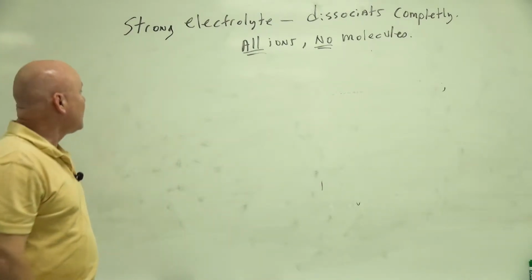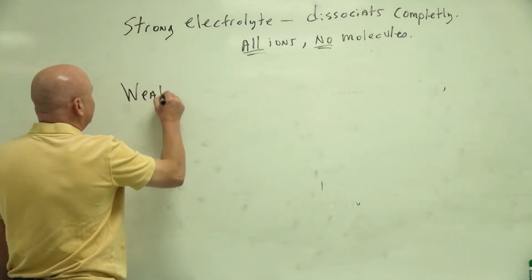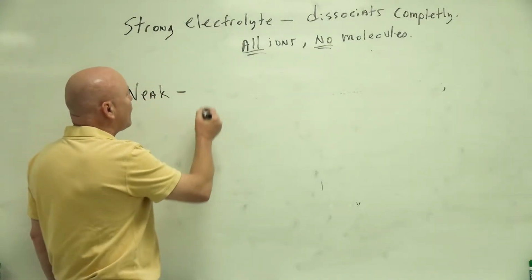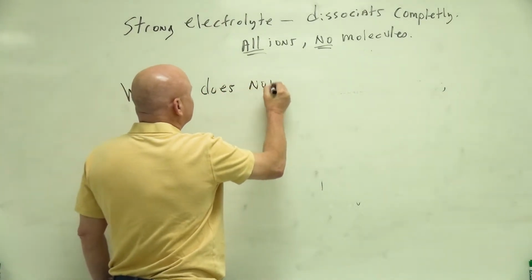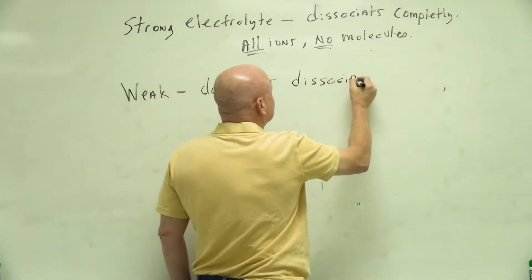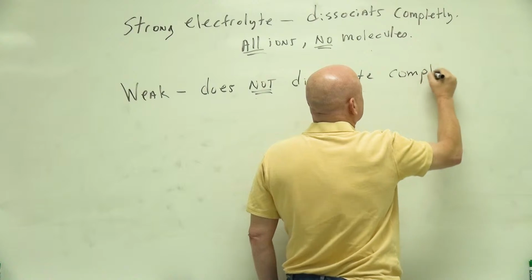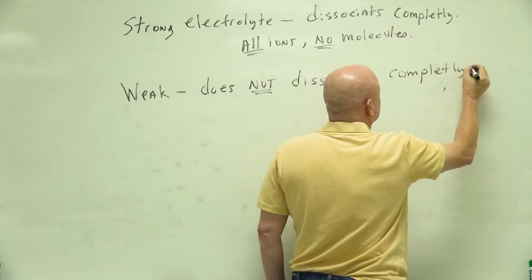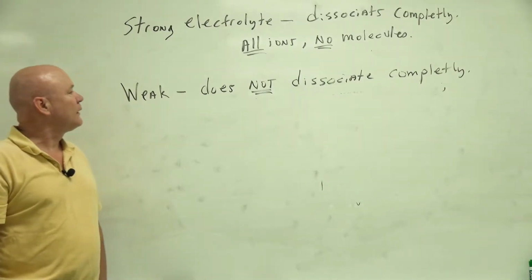Now, if it's strong, we have all ions, no molecules, no starting molecules. But if it's a weak electrolyte, the situation is different. A weak means it does not dissociate completely. A weak does not dissociate completely.